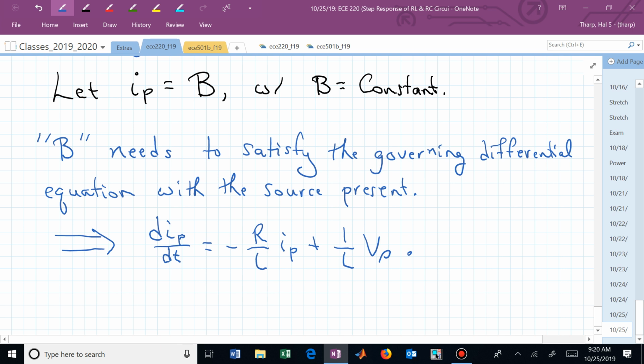That's what I sub p needs to satisfy. That's our governing differential equation, and that came from KVL in our circuit.